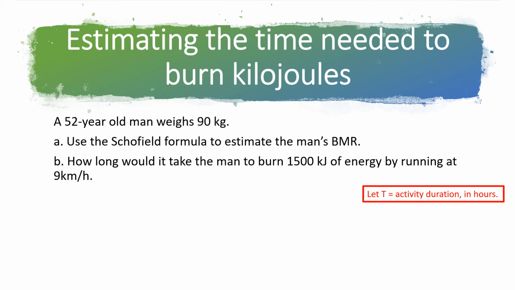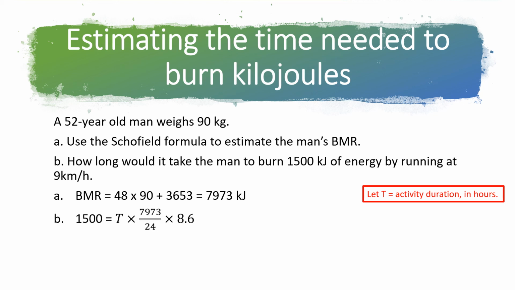If you need to, flick back into your book to find the Schofield formula, and it will be BMR equals 48 times 90 because he weighs 90 kilos, plus 3,653, which equals 7,973 kilojoules. So that's the man's BMR. Part B is how long would it take the man to burn 1,500 kilojoules of energy by running at 9 kilometres per hour.